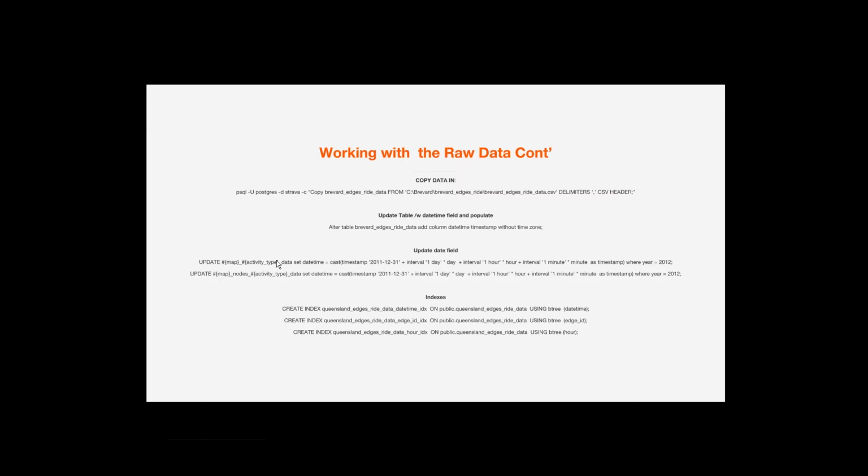You can create that field, but then you have to do an update, populate it with the correct day and time, and then of course, with all things spatially enabled, you build your indexes. I always find index on hour, edge ID, and date time to be the 3 most important ones. And it really lets you start to zip through the data and create some really cool and exciting roll-ups that gives you insight into the data that you wouldn't otherwise always get the other way.